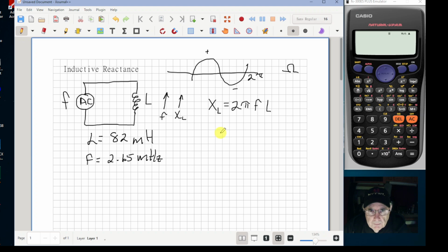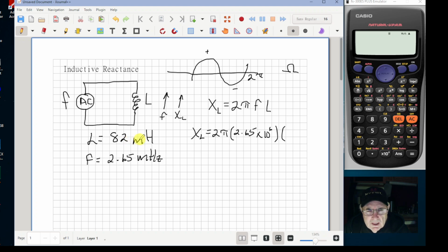All right. So let's write this out. X sub L then is equal to 2 pi times our frequency. You don't need parentheses to enter it. I'm just trying to separate our players up here. So our frequency then is 2.65 times 10 to the 6th power, it's in megahertz, times our inductance.